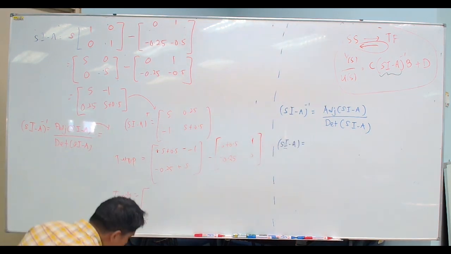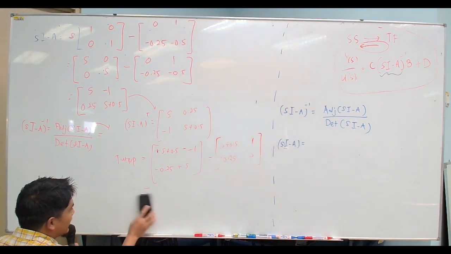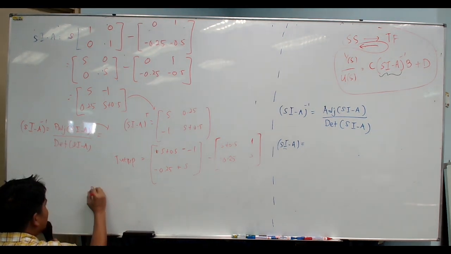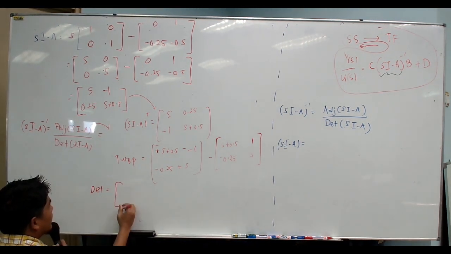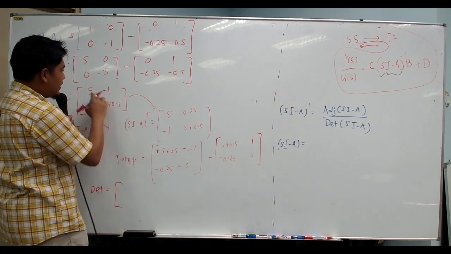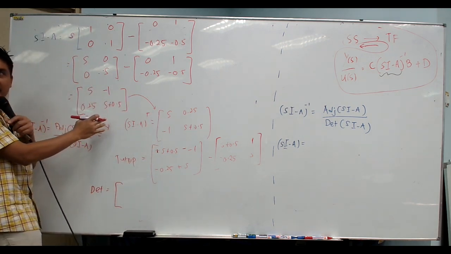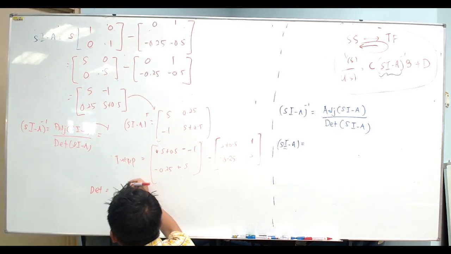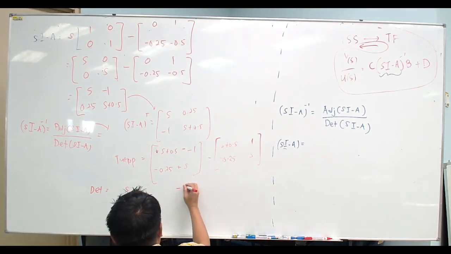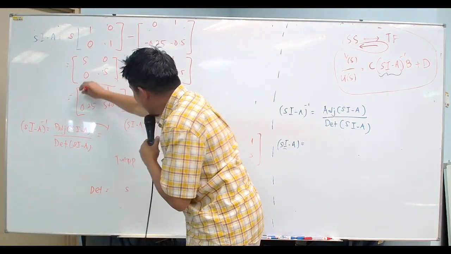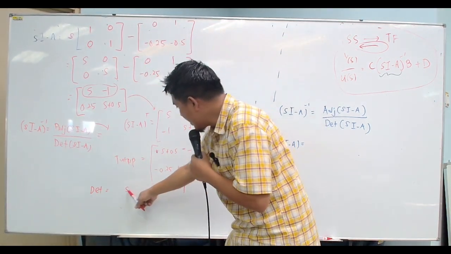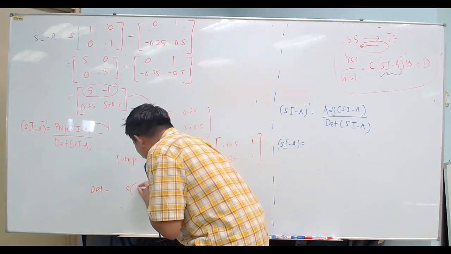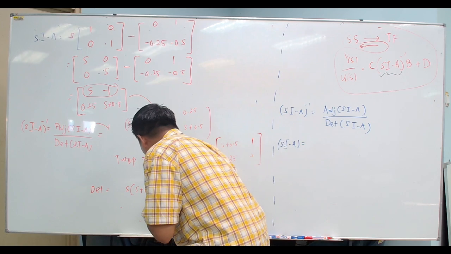Okay, adjoint. So we go for the determinant. For the determinant, we choose any row or column that you prefer. In this case, you choose the first row, which is s and negative 1. If you close s, you get s plus 0.5.